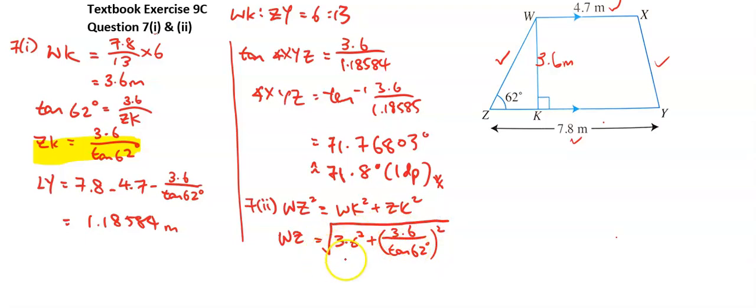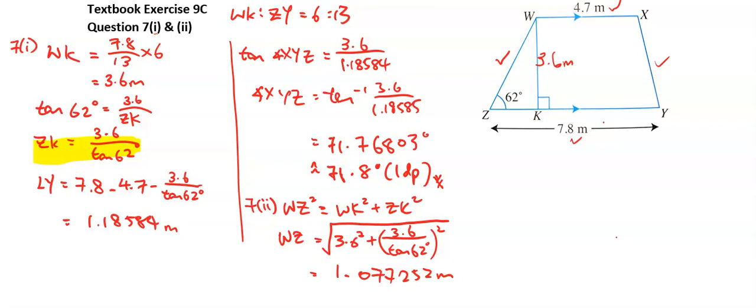We work this out in the calculator, and you will get WZ being 4.077252 meters.